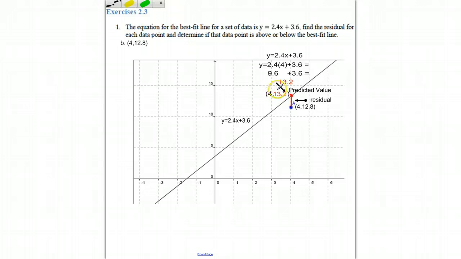And let's just circle that. Our actual value is 12.8, and we'll circle that.